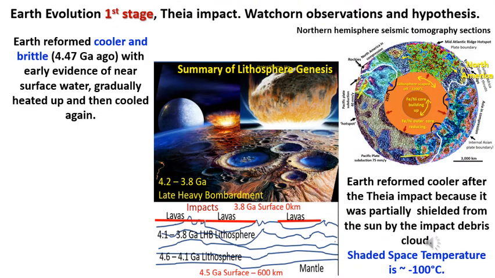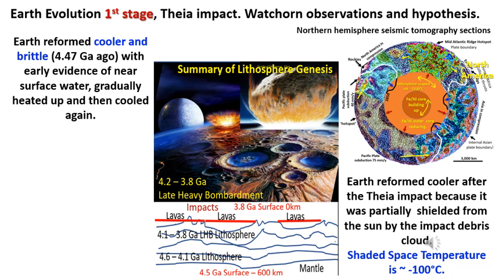This slide shows Earth evolution first stage, the Theia impact, from my observations and hypothesis. Earth reformed cooler and brittle 4.47 giga-annums ago, with early evidence of near surface water, and then gradually heated up and cooled again.